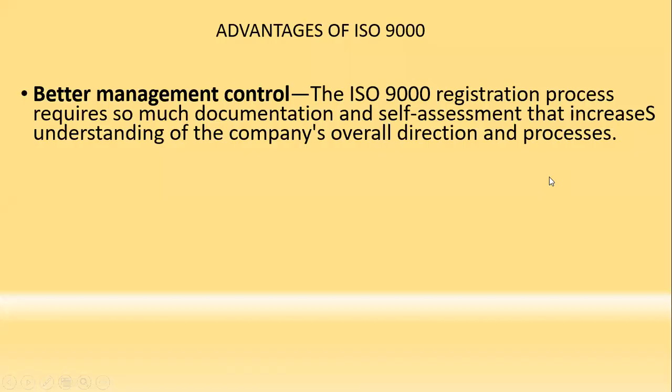Better management control. The ISO 9000 registration process requires so much documentation and self-assessment that it increases understanding of the company's overall direction and process. Whenever they go for this certification, lots of documentation will be required.